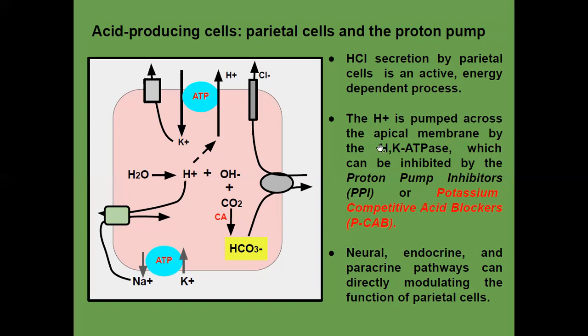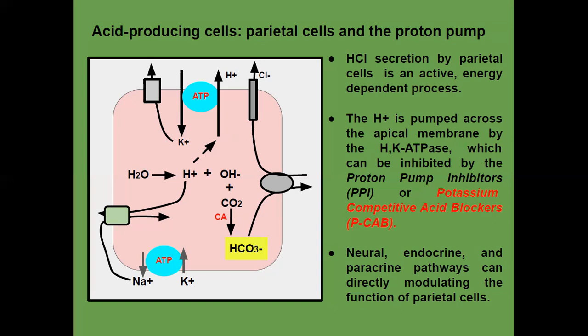Okay, for the second point, the hydrogen ion is pumped across the apical membrane by the hydrogen potassium ATPase. That's why people designed a lot of inhibitors trying to block the pump. These inhibitors are now already used for the clinical treatment of excessive acid production diseases, such as gastrinoma and duodenal ulcer disease.